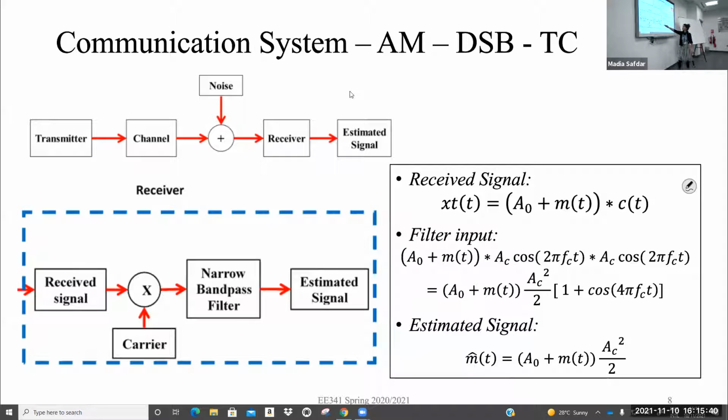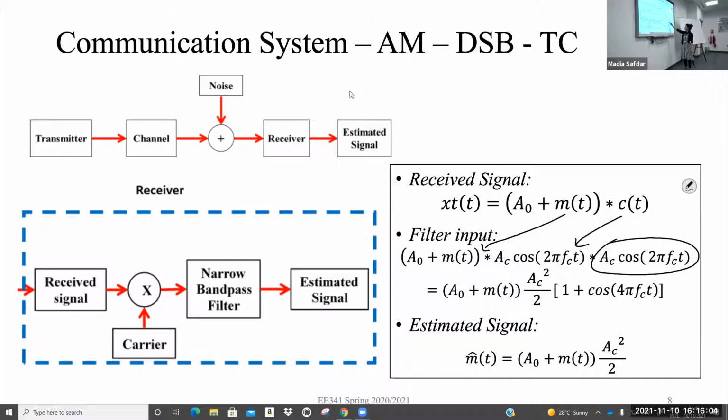Then what is happening here? The filter input: A0 plus M of t into Ac cosine of this. This I received, where C of t is this. Then I will multiply it with the carrier again. Here, this is the receiver.